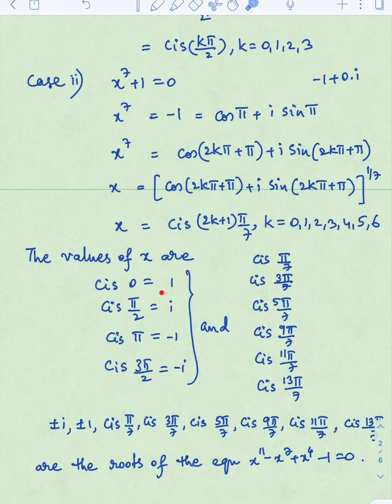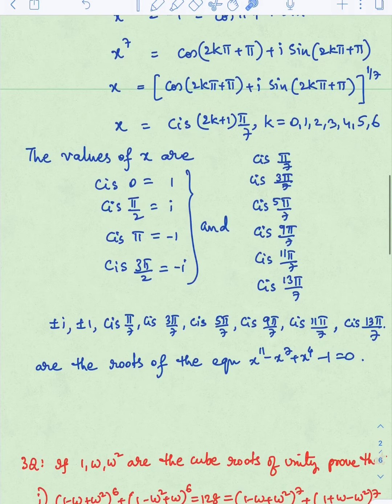These are assembled like this: 1, minus 1, plus or minus 1; i, minus i, plus or minus i; 3 pi by 7, and the remaining are all taken here. These are the roots of the equation. So this is the equation having degree 11. 11 roots are there. They are these.